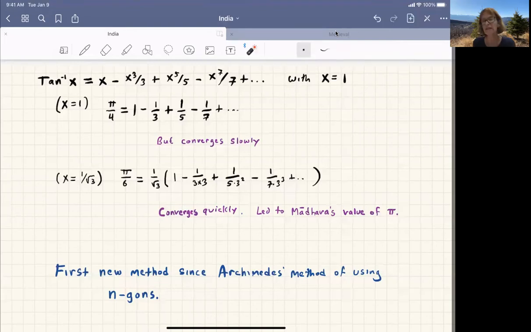And this series actually converges very quickly, which is nice, because if I can calculate pi over 6 very easily with great accuracy because it converges quickly, all I have to do is take the result and multiply by 6 to find an accurate value for pi. And so this is how Madhava was able to come up with a very accurate value of pi. It's because of this formula.